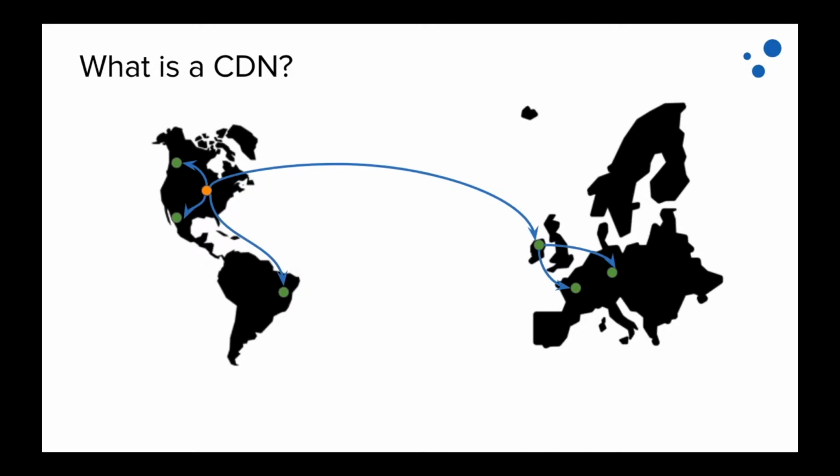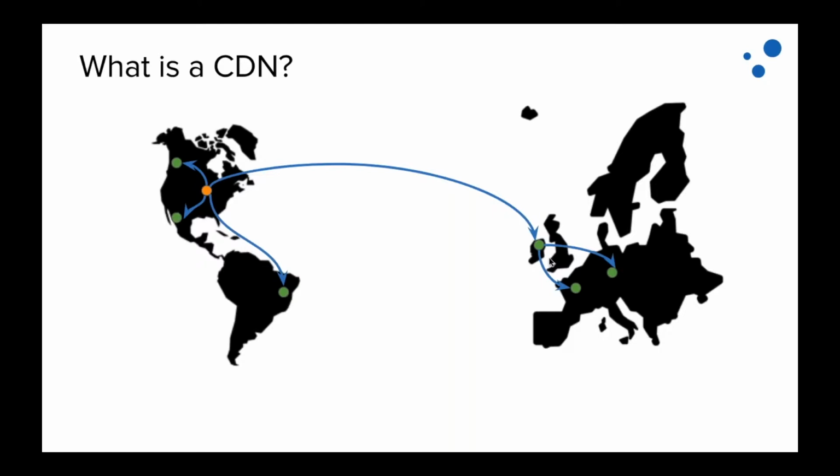Just have a look at the graph here, and you will see we have an orange dot, and that's an origin server. That's where we generate content. Think about any regular website, really, an e-commerce website. There is an origin server where the content is generated, and this content is then delivered to different points of presence.